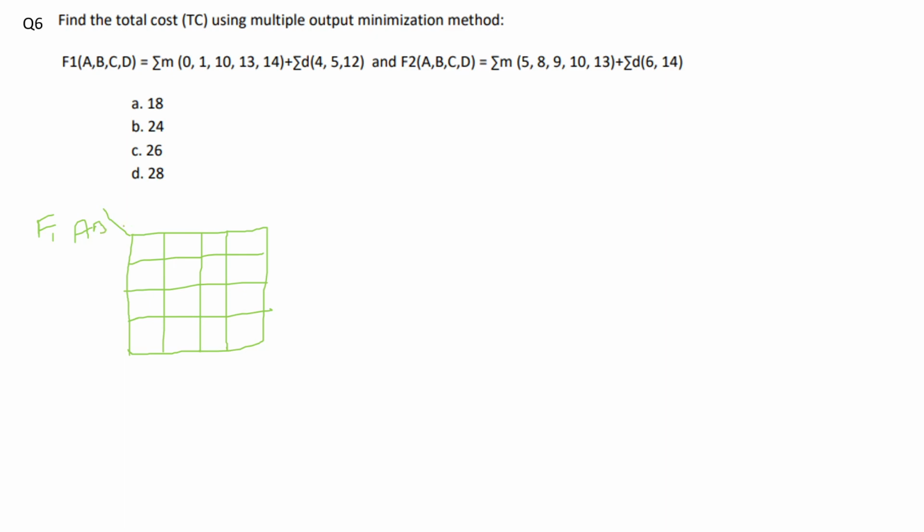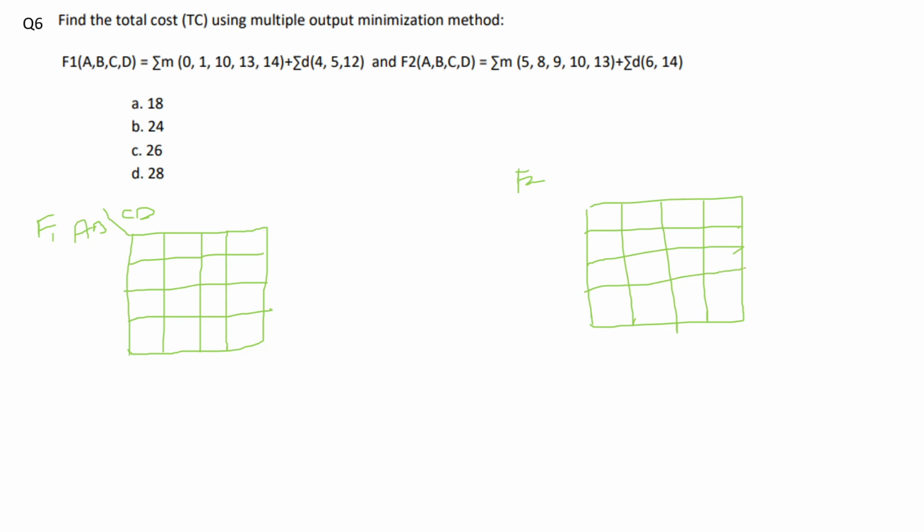This is F1 and this is for F2. So for F1 I have 0, 1, then 10, 13, 14 will be here, and 4, 5, 12.